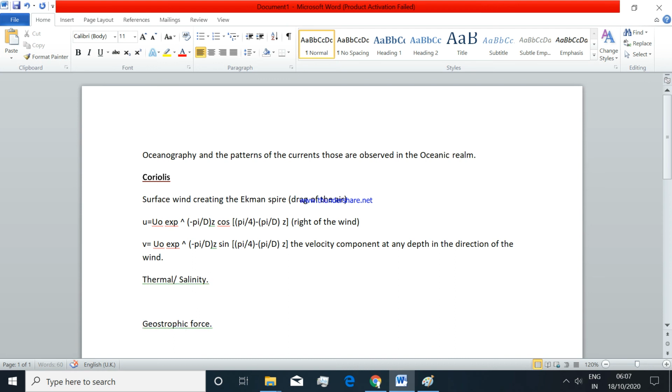Over the top of that, there are roles of thermal gradient as well as salinity of the oceanic water, which determines the vector of the water flow component.